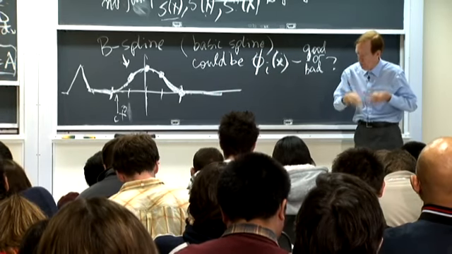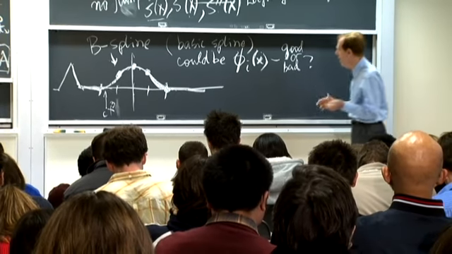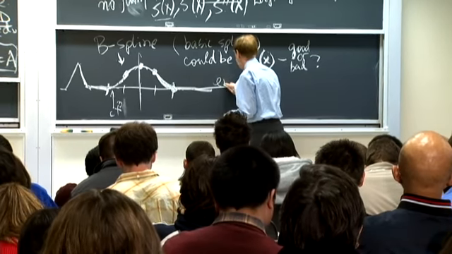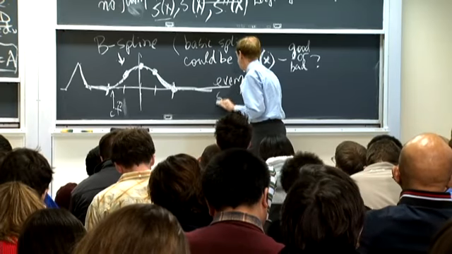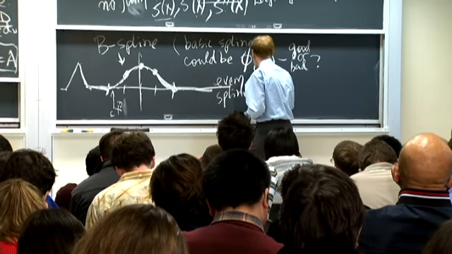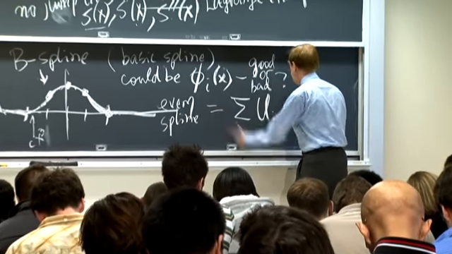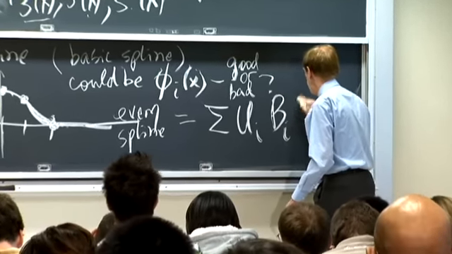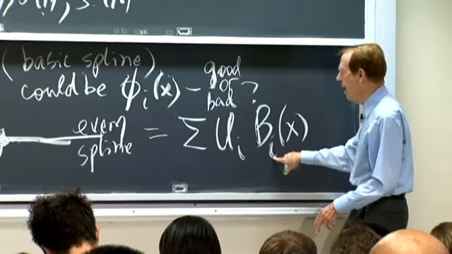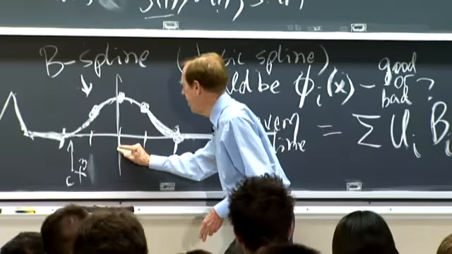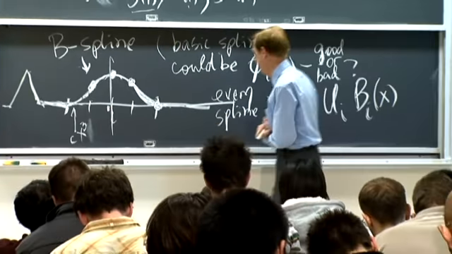Yeah, now let me pull this topic together. Every spline function is some combination of these B-splines. Let b_i of x be the one centered on node i.